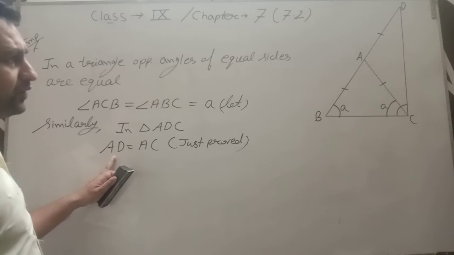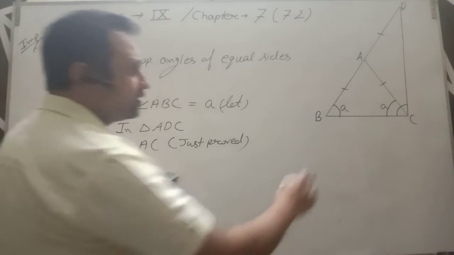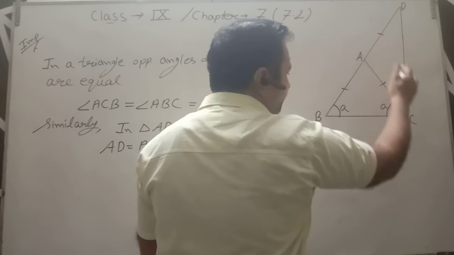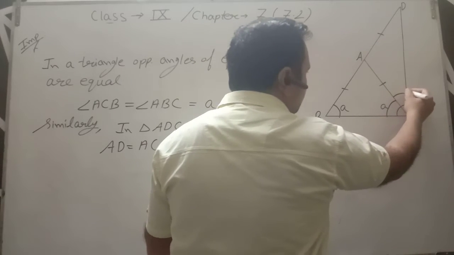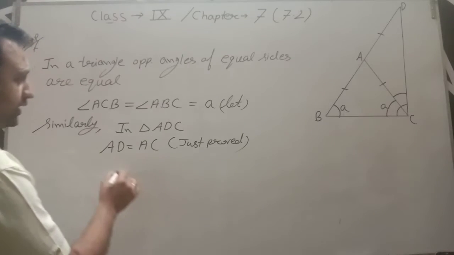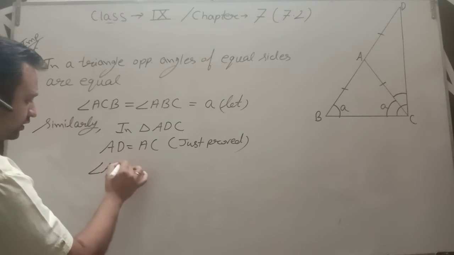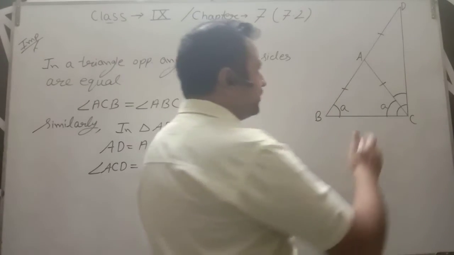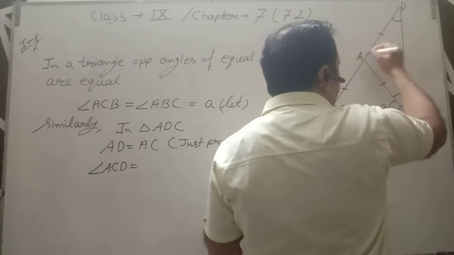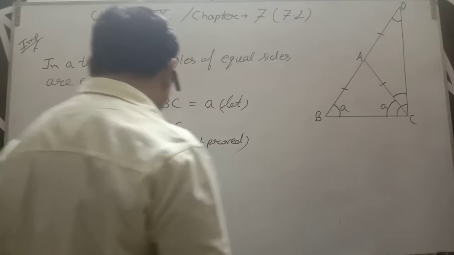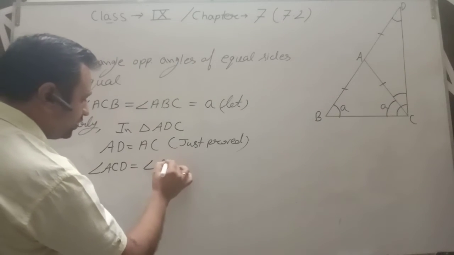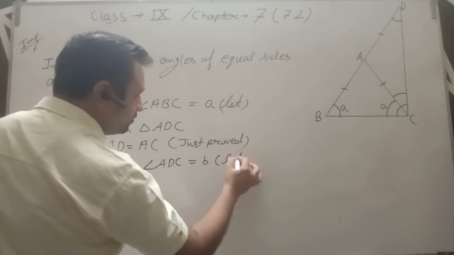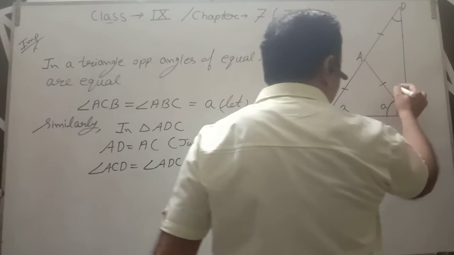Then what is the opposite angle of AD? केवल आपको ट्रायंगल ACD स्टडी करना है. So what is the opposite angle of AD? This angle, it means angle ACD. And what is the opposite angle of AC? Opposite angle of AC is this angle ADC. Angle ACD is equal to angle ADC, and we suppose both angles are small b, and just show in the figure.